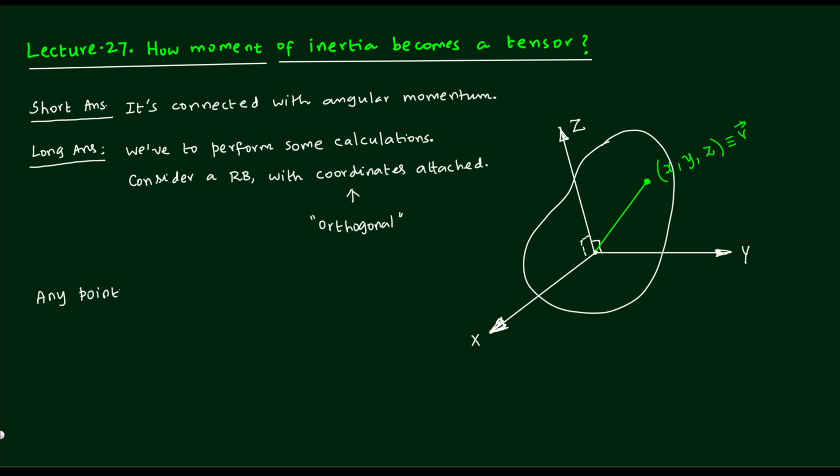I am planning to write down that any point on the rigid body is represented by the symbol r vector, and r vector is the very standard notation that it is equal to xi plus yj plus zk.